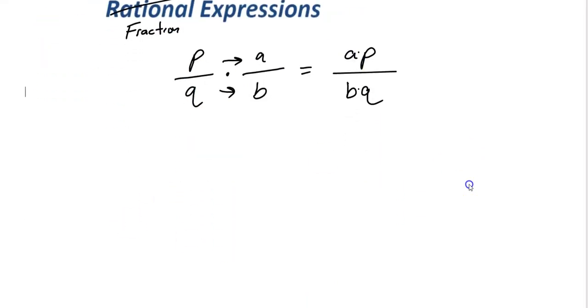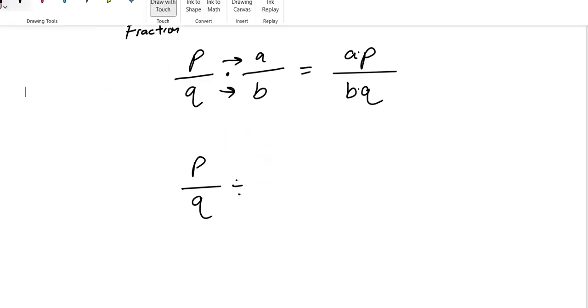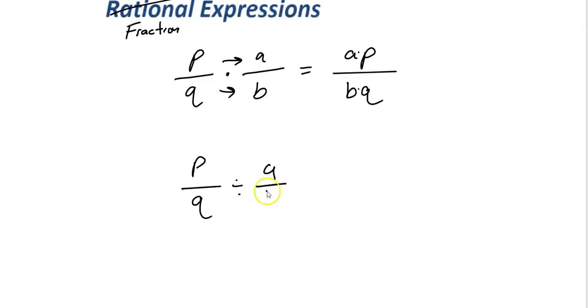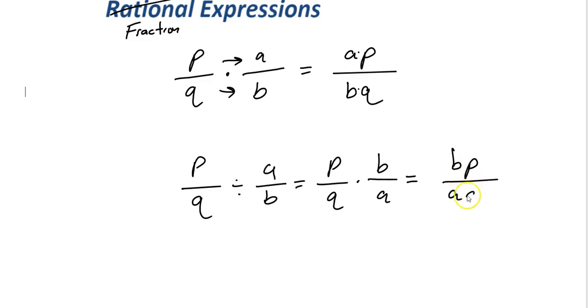When we get ready to start dividing, if we're going to do p over q divided by a over b, remember that's p over q still multiplied, but we take the reciprocal of that guy, b over a, which is going to equal bp over aq.